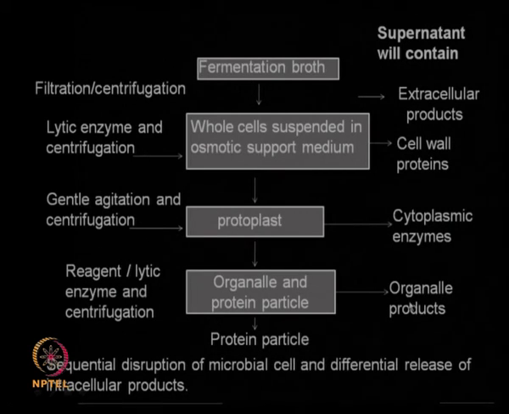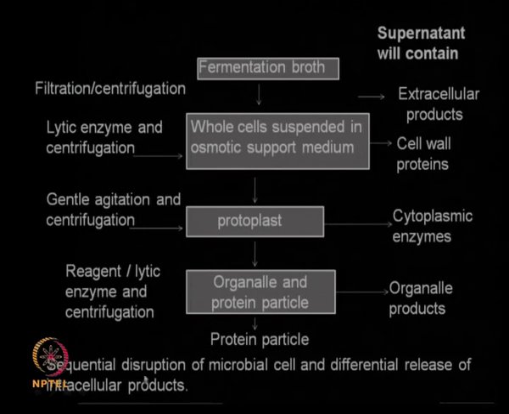If the product is present inside organelles, then you need to resort to much higher disruption so that you get the products out. So the supernatant will first have extracellular products, followed by cell wall proteins, followed by cytoplasmic enzymes, and finally the organelle products.